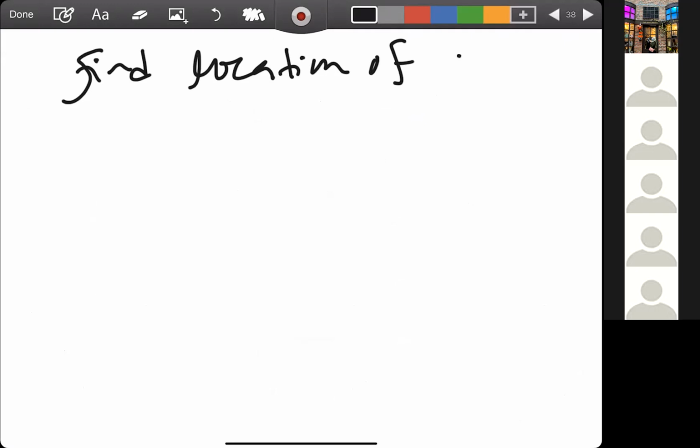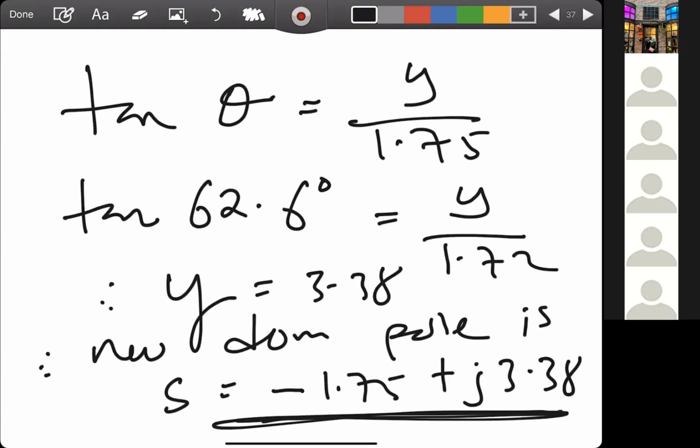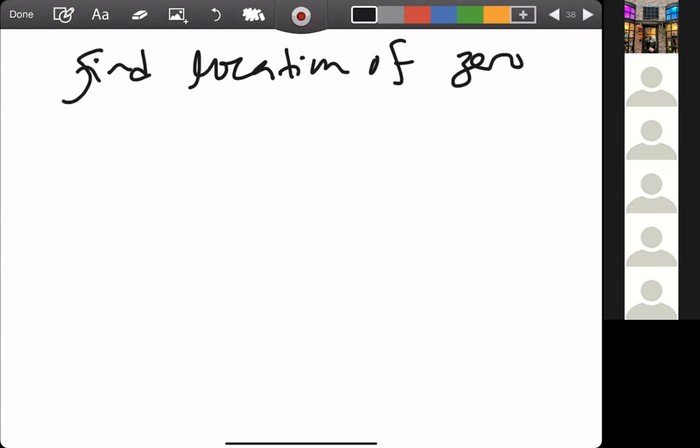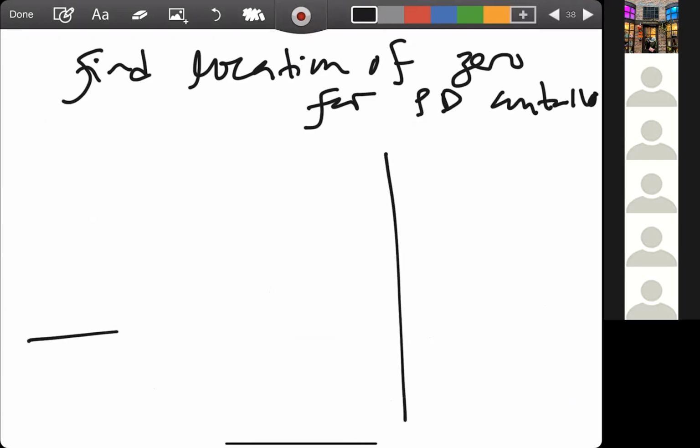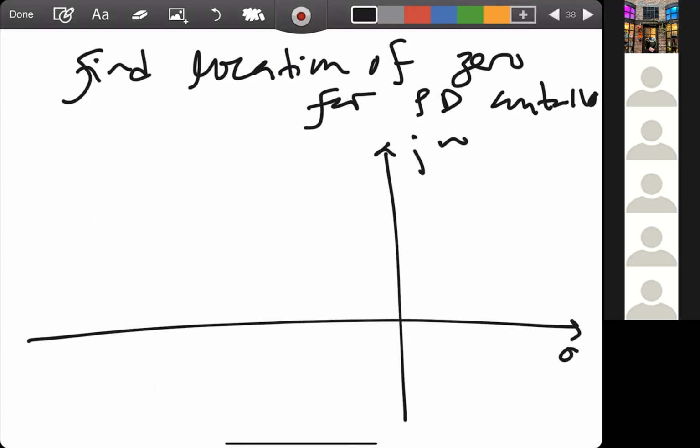Find location of dominant pole. Find location of zero for PD controller. This student still doesn't understand.